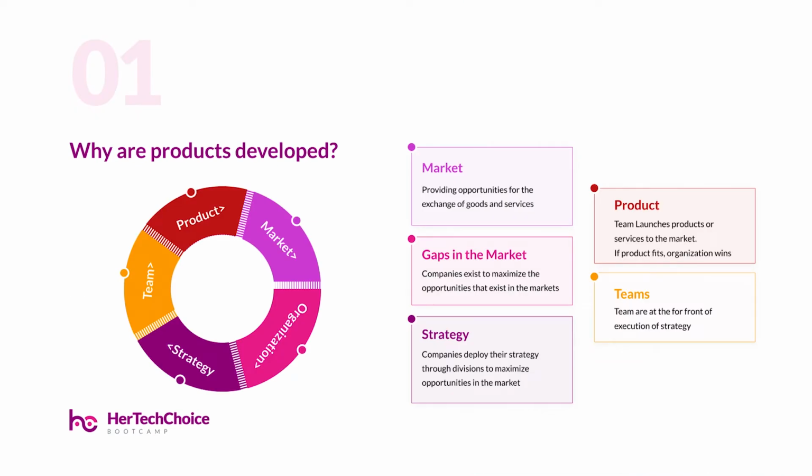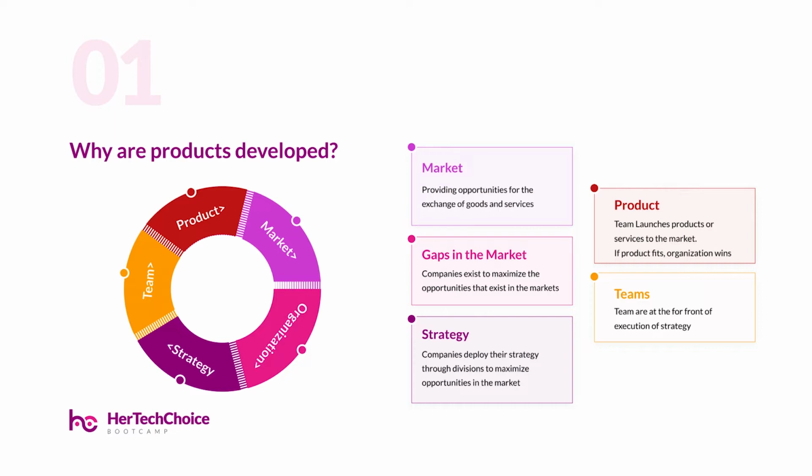Okay, on screen we have the life cycle of a product, which usually starts from the market. There has to be an opening for the exchange of goods and services. Certain companies or organizations maximize these opportunities that exist in the market. They create strategies, and companies deploy these strategies through divisions.